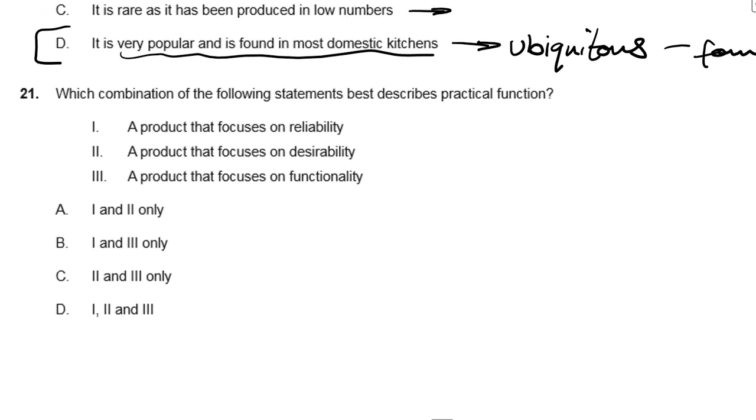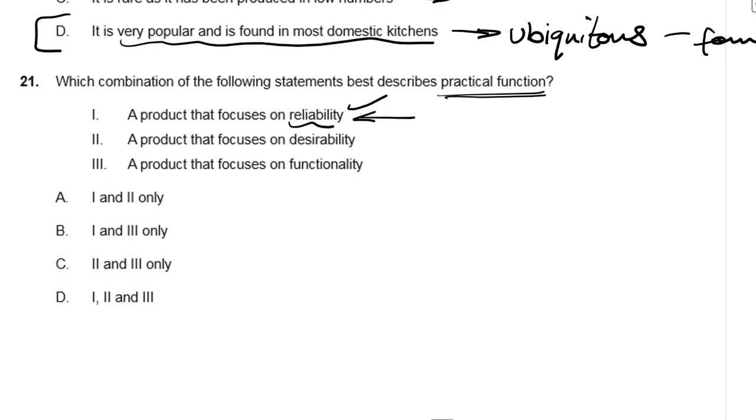Now, 21. Which combination of the following statements best describes practical function? Okay, practical function. When we're talking about practical function, we want something reliable. Okay, we have reliability, right? Do we want it to be desirable? That is not related to practical function, right? That is form.